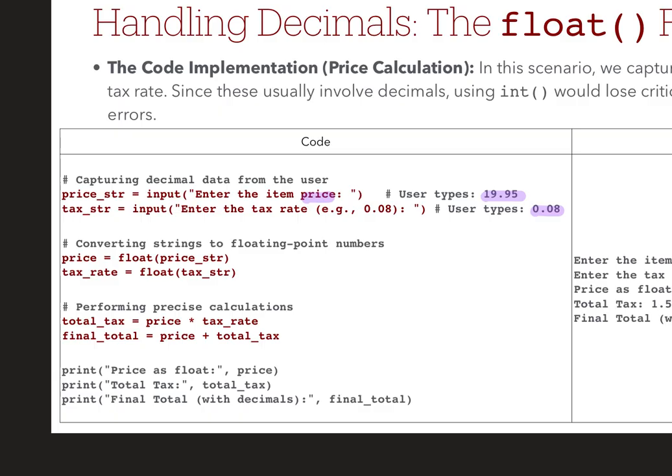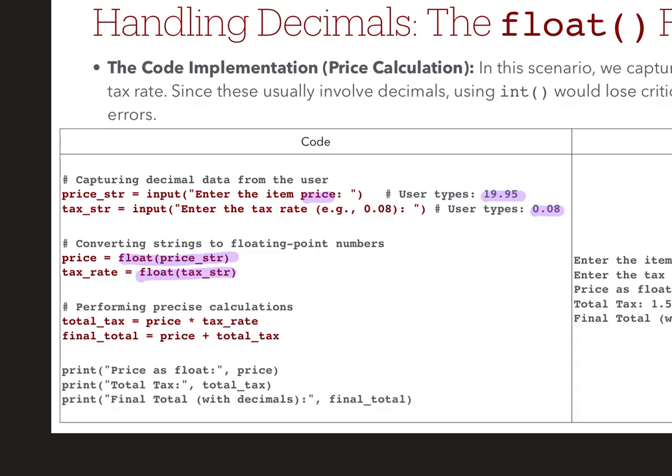In that case, the price will be the float version of the price string. Tax rate will be the float version of the tax string. So you must convert these two text strings into float numbers before you use them. Okay, unless you just print the value of the character string.